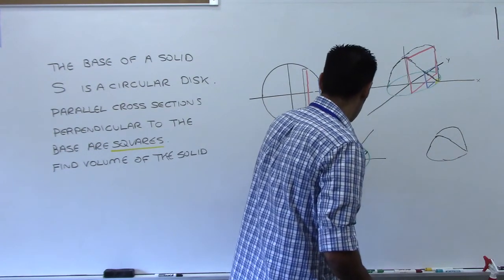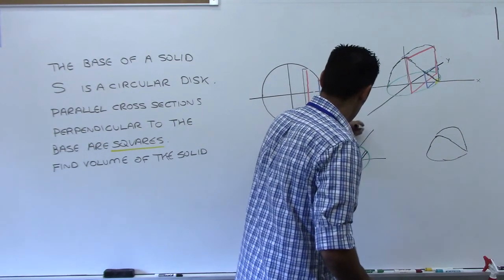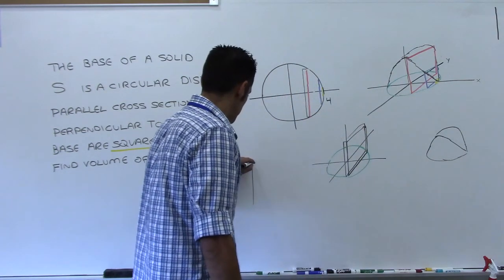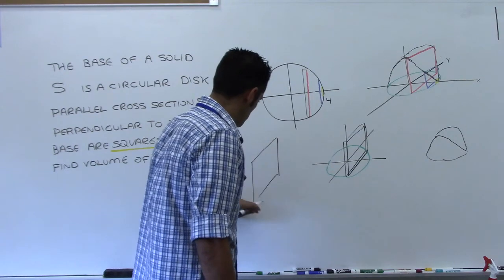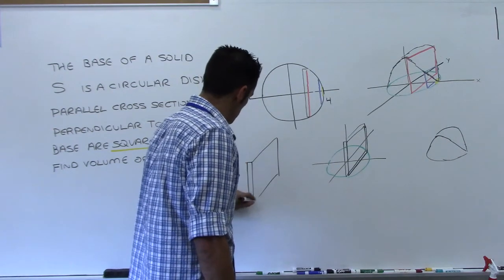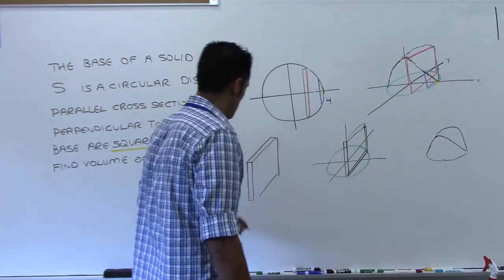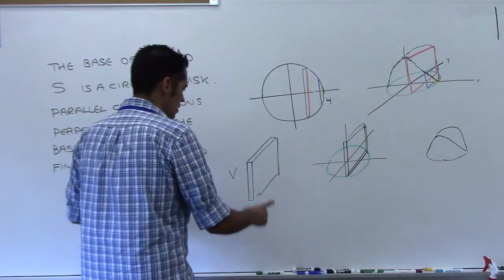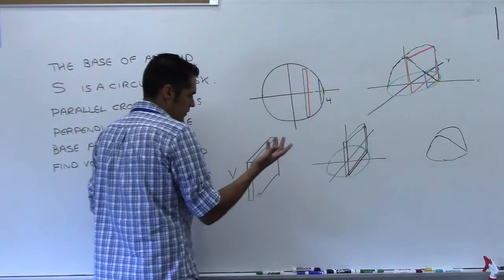And then when I come up and make a square out of it, looks like this. So moving all that stuff over here, we've got this picture. Okay, so I want to know what the volume of that little piece is. So if I know this side, and then this, I can find the volume.